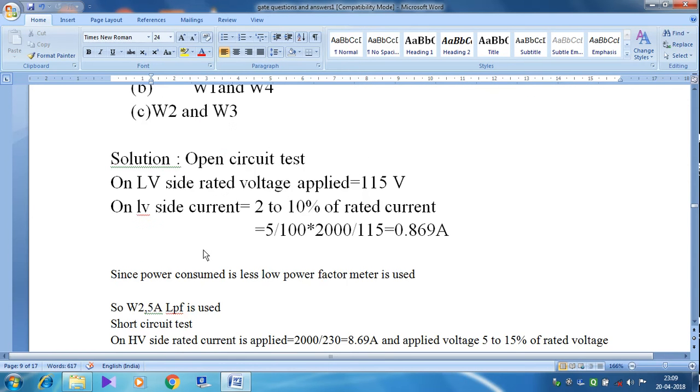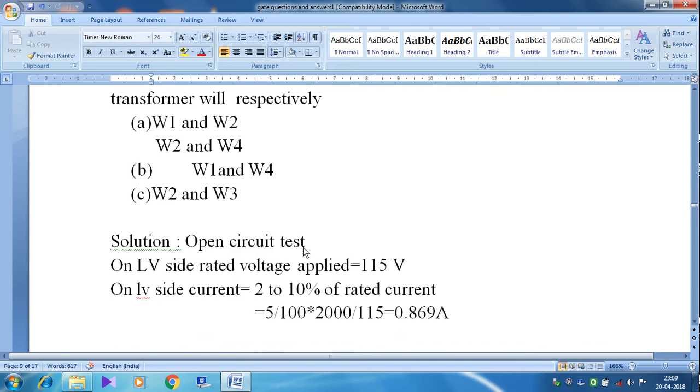Therefore, let us see the solution. For the open circuit test on the LV side, the rated voltage is applied, that is 115 volt.